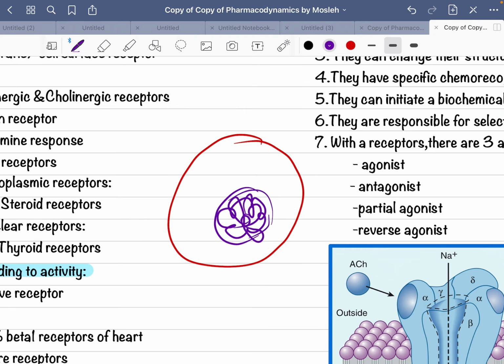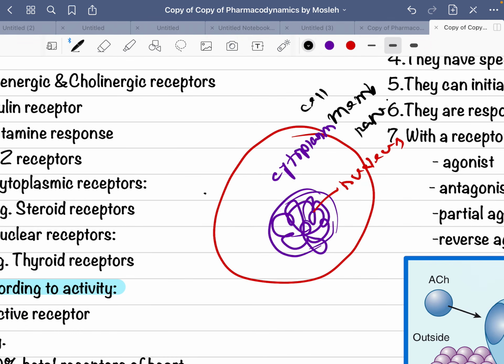The outermost border of the cell is the cell membrane, and this is the cytoplasm, and this is the nucleus. Some receptors are located in the cell membrane, such as beta 1 receptor, M3 receptors, H1 receptors, and many others. These are the most common cell membrane associated receptors.